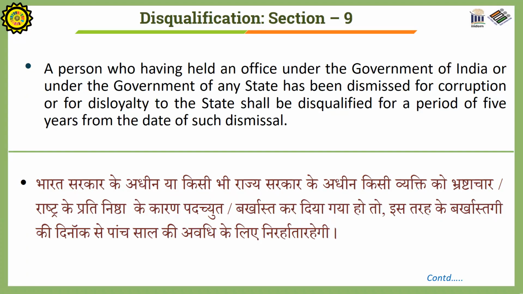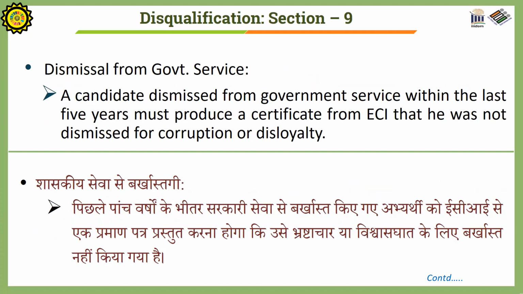Section 9. A person who, having held an office under the Government of India or under the government of any state, has been dismissed for corruption or for disloyalty to the state shall be disqualified for a period of 5 years from the date of such dismissal. Dismissal from government service.